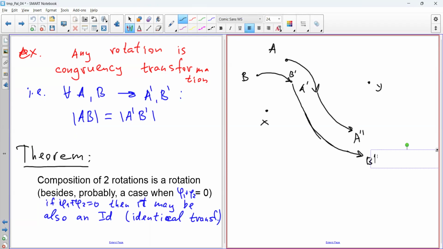So you can notice that it's not that easy, though the length of the segment would be preserved on every step, because we will further consider composition of 3 and probably even more rotations, normally 3.